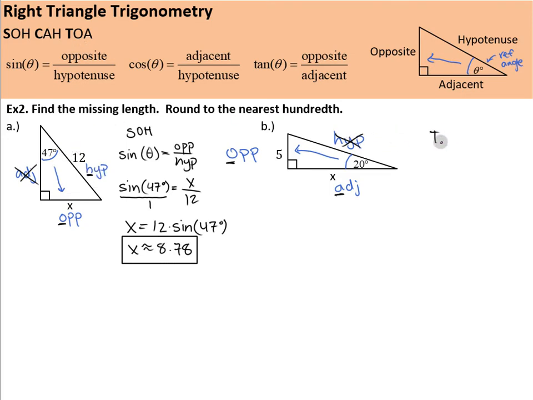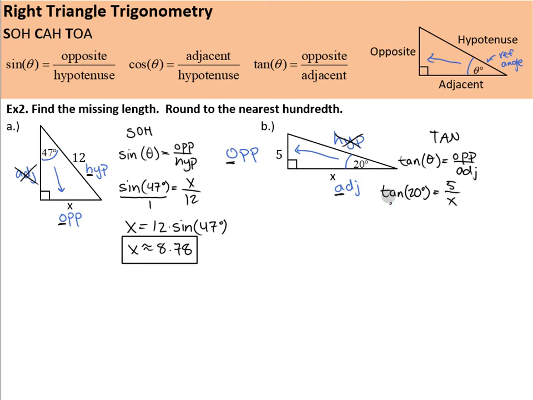So this time, tangent's the trig function that will help me figure this out. Oops, I wrote the sine. So tangent of our angle theta equals the opposite over the adjacent. Filling that in, the tangent of 20 degrees, that's our angle, equals the opposite side, which is 5, over the adjacent side, which is x.